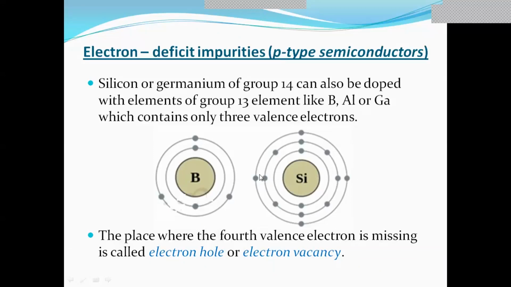So the fourth electron of silicon is left without forming a bond. So the place where the fourth electron is missing, an electron hole is formed. That empty space, the place of the fourth electron, is called an electron hole or electron vacancy.